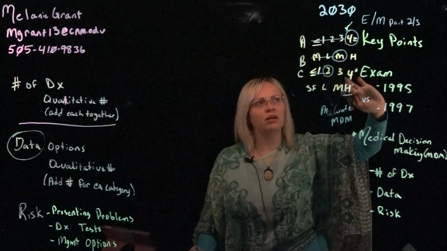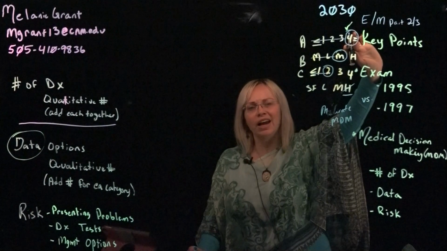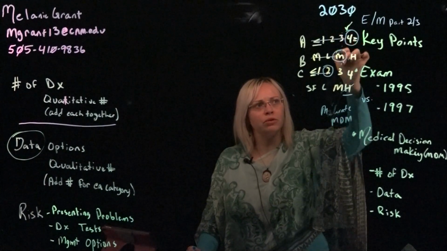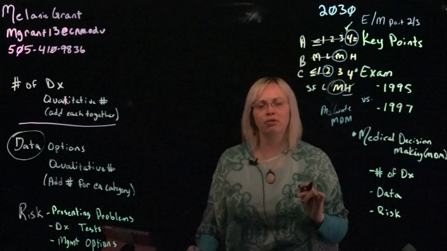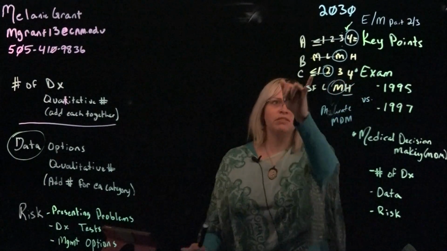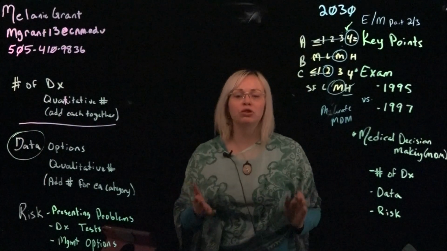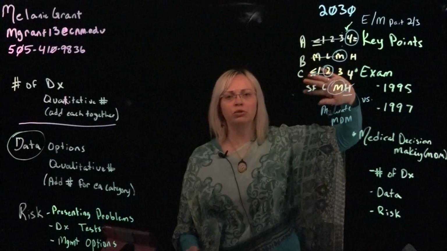So the high would still not apply, but because I had 1 in a high category and 1 in a moderate, I had 1, 2, so I would still be a moderate medical decision making. Even if I had none here, it doesn't matter. And in fact, it doesn't matter which of those 3 applies, so long as 2 or more do.